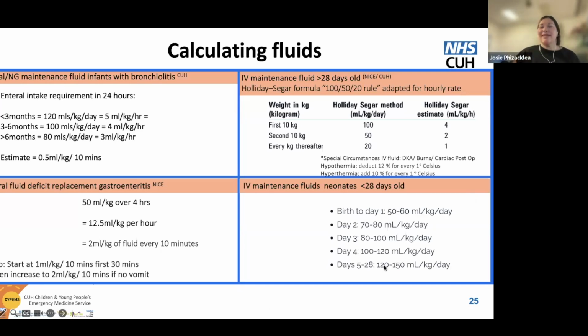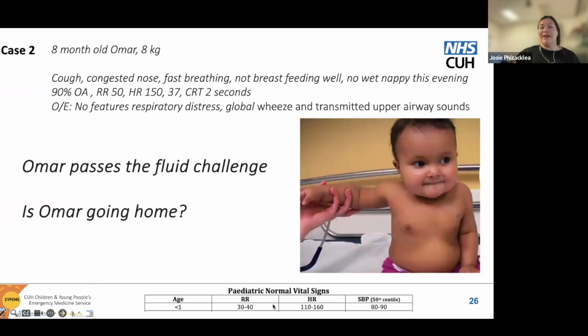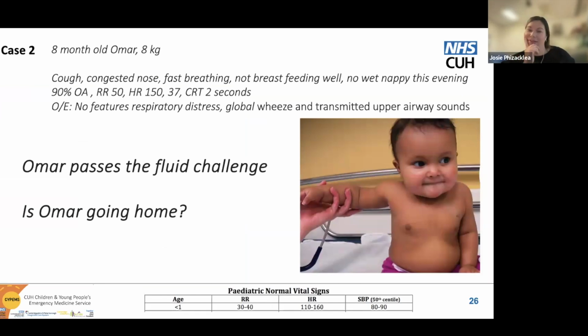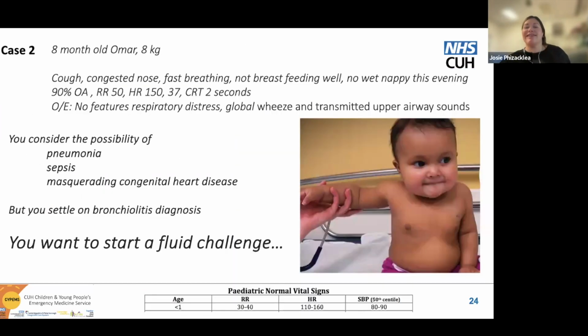And I just wondered, this is a breastfed child. How are you going to approach the fluid challenge? So you're aiming for these volumes, but how are you going to explain that to the parents? And if it's easier, feel free to turn on your mics. So it's tricky with breastfeeding.